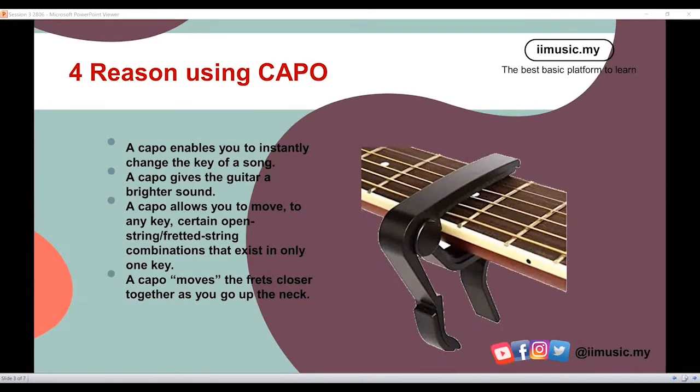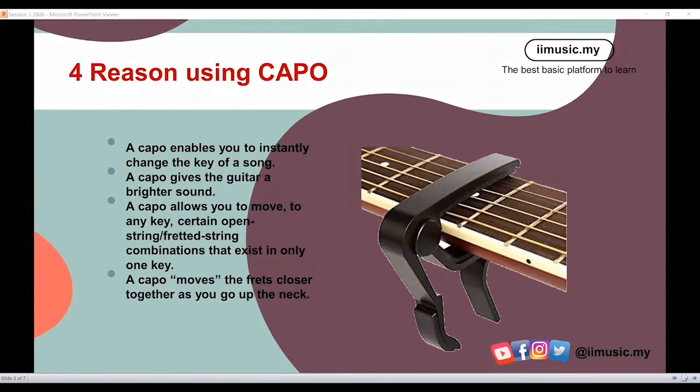And the third is that a capo allows you to move to any key certain open string or fretted string combinations that exist in only one key. The fourth reason is that a capo moves the frets closer together as you go up the neck.